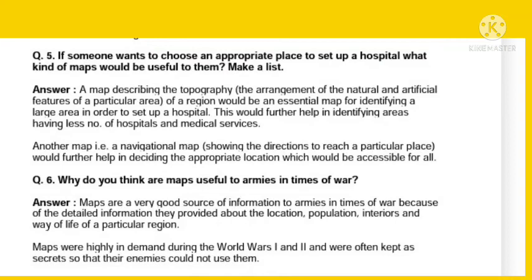Next question is, if someone wants to choose an appropriate place to set up a hospital, what kind of maps would be useful to them? Make a list. Answer: a map describing the topography, the arrangement of the natural and artificial features of a particular area of a region would be an essential map for identifying a large area in order to set up a hospital.